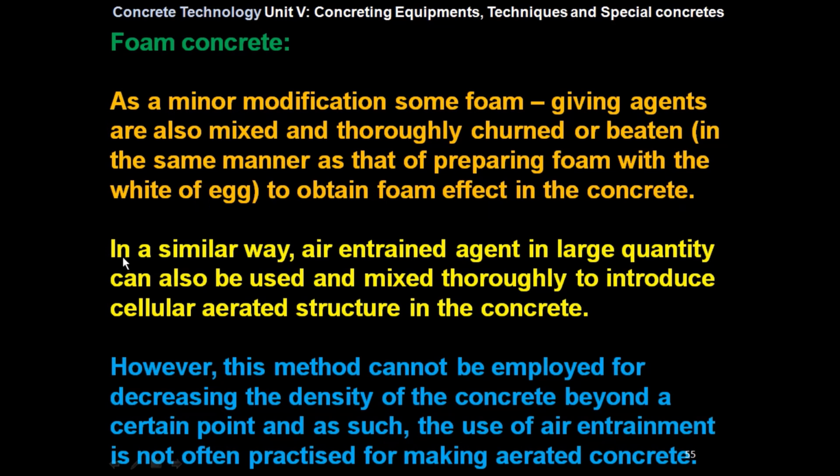In a similar way, air entrained agent in large quantity can also be used and mixed thoroughly to introduce cellular aerated structure in the concrete. However, this method cannot be employed for decreasing the density of the concrete beyond a certain point, and as such the use of air entrapment is not often practiced for making aerated concrete.